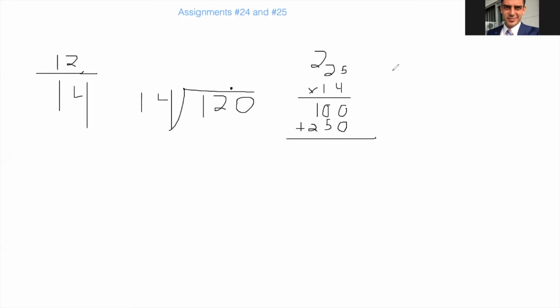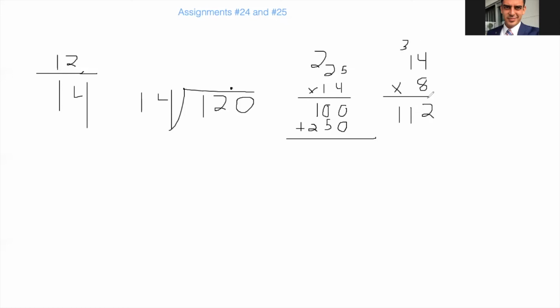So then you would just have to figure it out. 14, let's do it times 8. So 8 times 4 is 32. 8 times 1 is 8 plus 3, so 8, 9, 10, 11. That's 112.